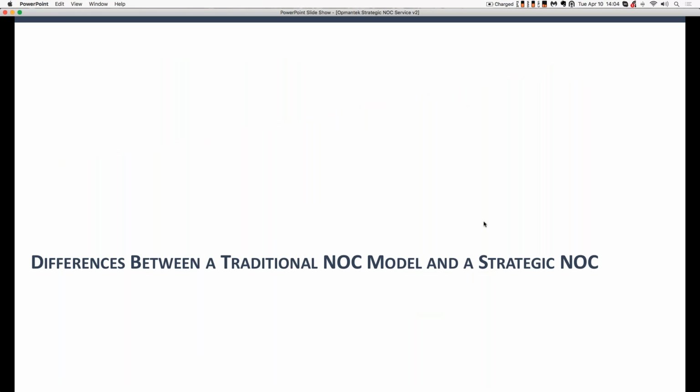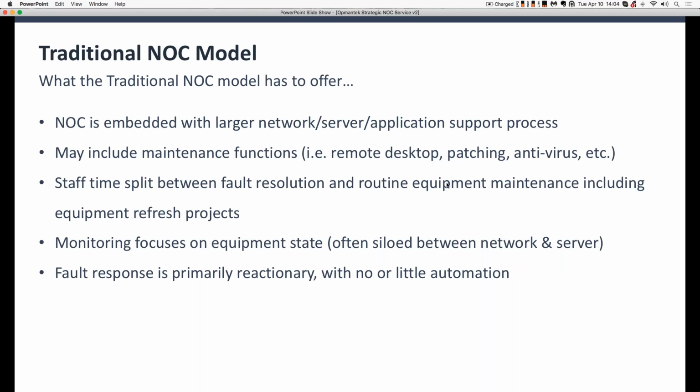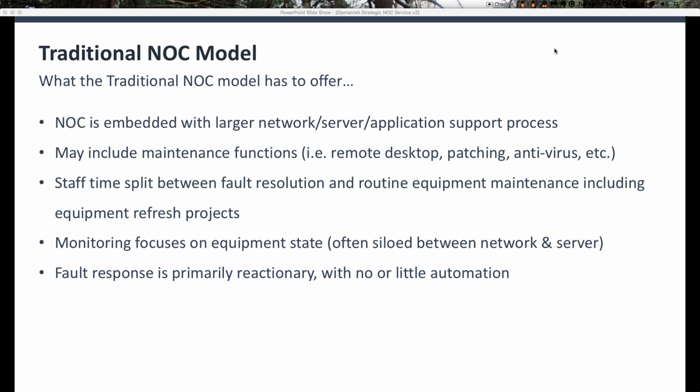So let's talk a bit about what a traditional NOC model is and a strategic NOC, and really focus in on the differences between those two. In a traditional NOC model, the network operations center is embedded in the wider network, server, application support process.